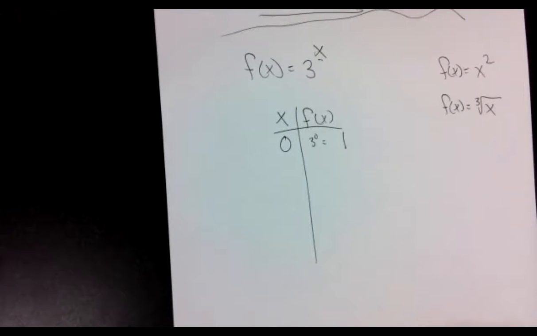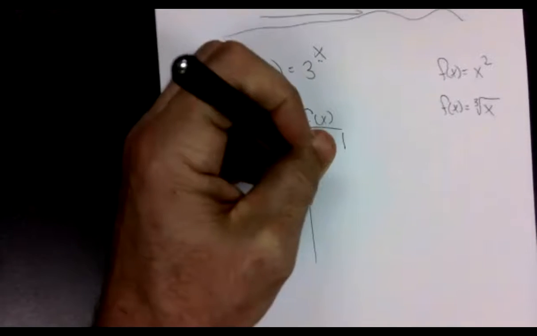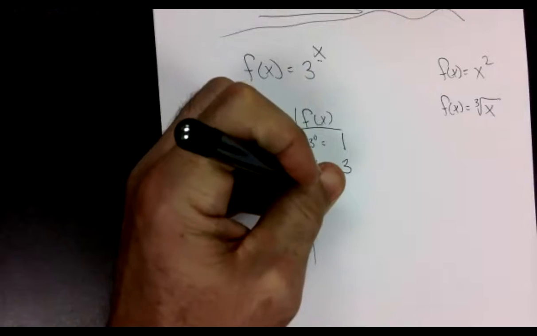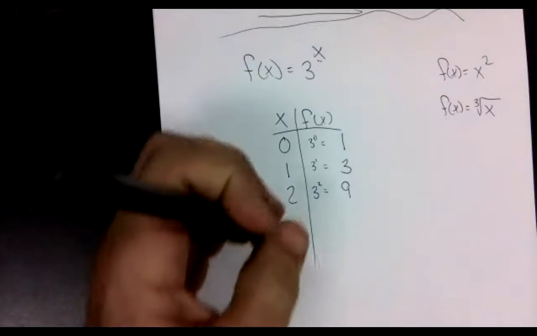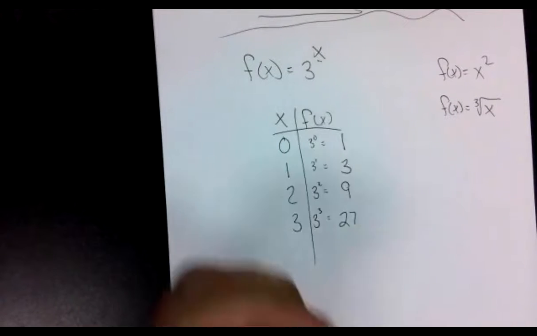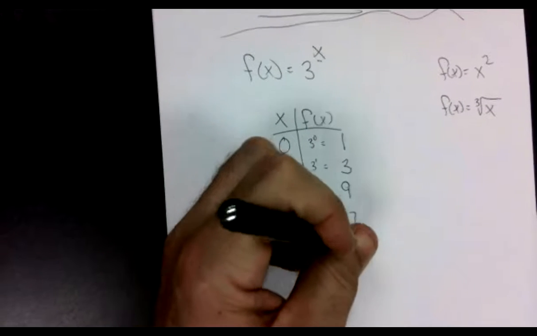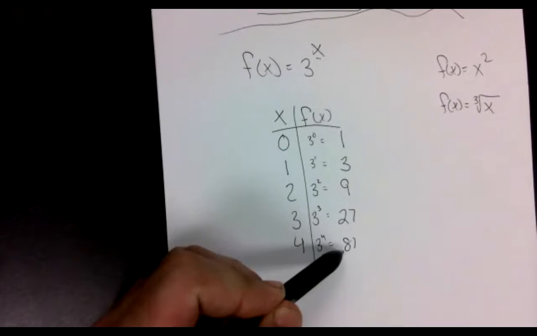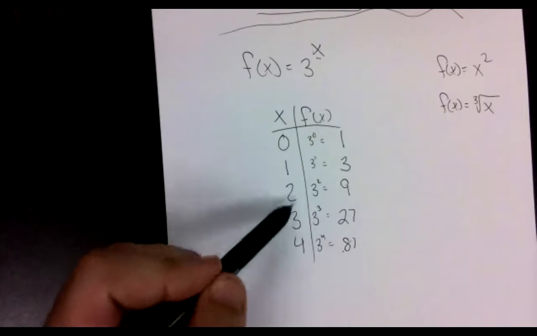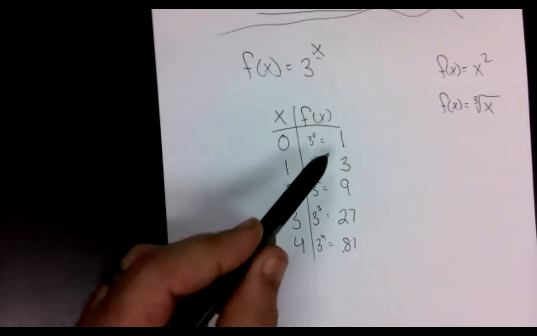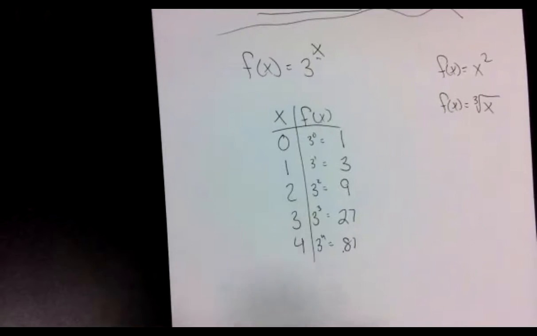Anything to the 0 power is 1. 3 to the first power is 3. 3 squared is 9. 3 cubed is 27. 3 to the fourth power is 81. So you can see that these functions get really, really big, really, really quickly. So just within 4 steps, we went from 1 or from 3 all the way up to 81.